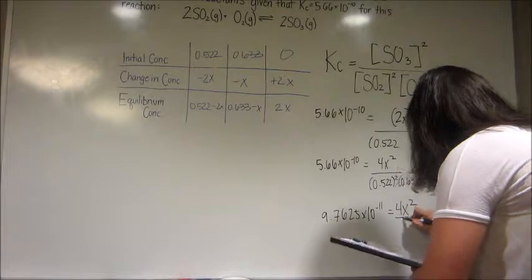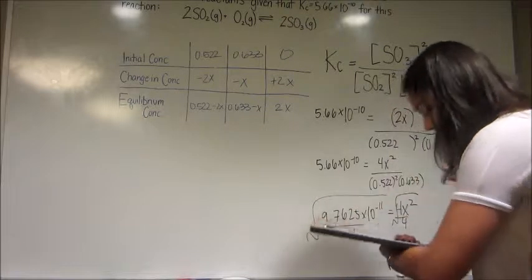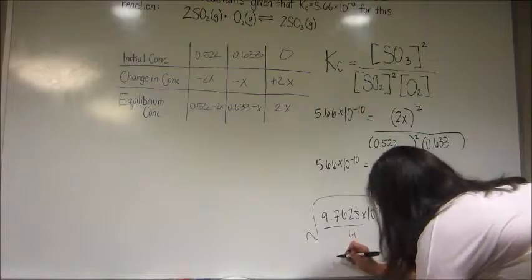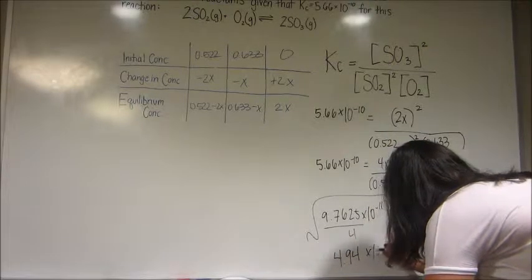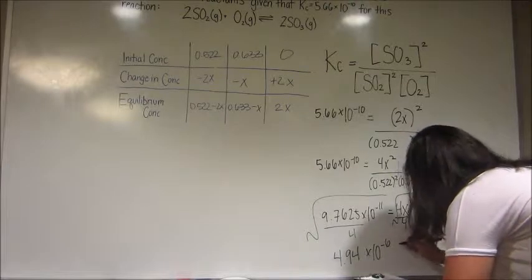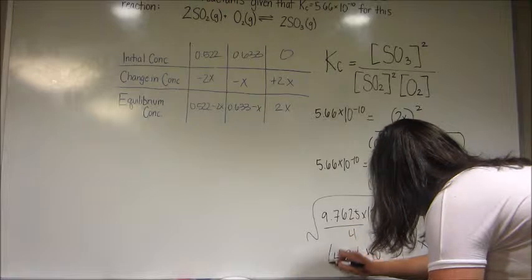Then we divide both sides by 4, and we square root the whole thing, and we get x equals 4.94 times 10 to the negative 6 M.